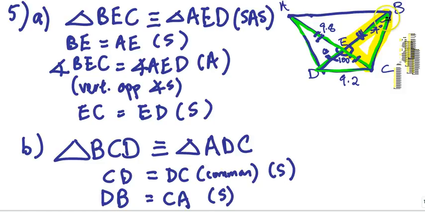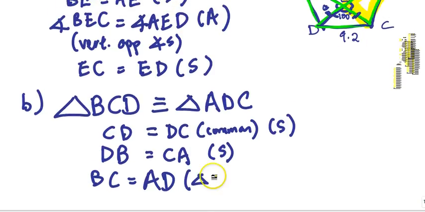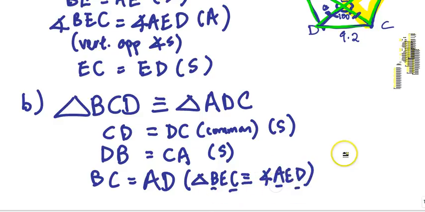Therefore, AD must be equal to BC. So we use our part A here: triangle BEC is congruent to triangle AED, therefore BC must be equal to AD, and this gives us the last side. Therefore, we can prove that triangle BCD is congruent to triangle ADC by the SSS test.